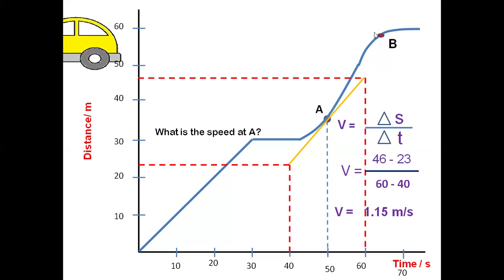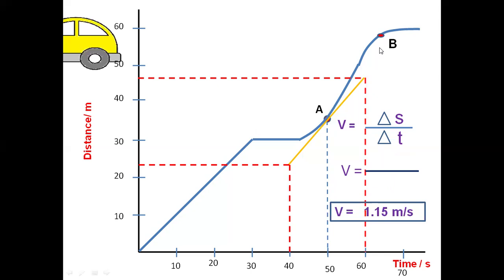Now let us see the other point. This point has the increasing gradient and this point B has the decreasing gradient. So in order to find out the speed at point B, what is to be done? Let me erase all these things.